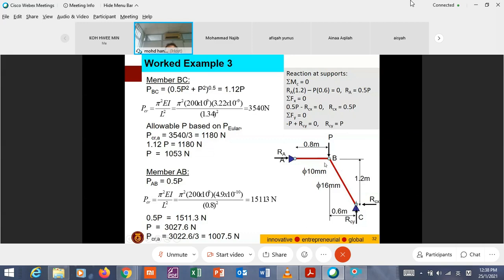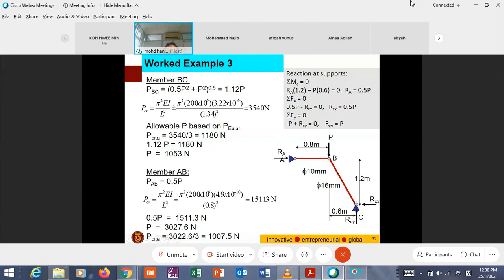For member BC, PBC equal to 1.12 P. And for member AB, PAB equal to 0.5 P. After you get the reaction, you can calculate the member forces. This one is the theorem of Pythagoras. It uses the resolution method.